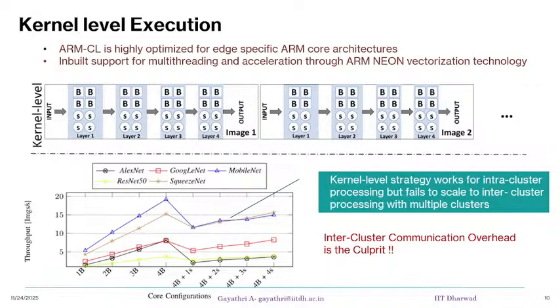This is one layer, this is another layer, and so on. When I say kernel, all the computations of the complete layer are scheduled across or divided across all the cores to get the computation done, right?